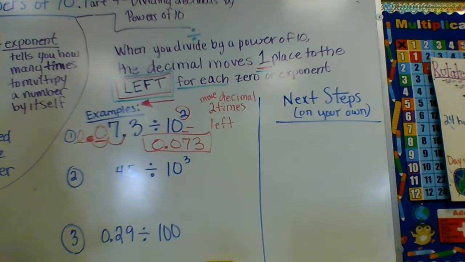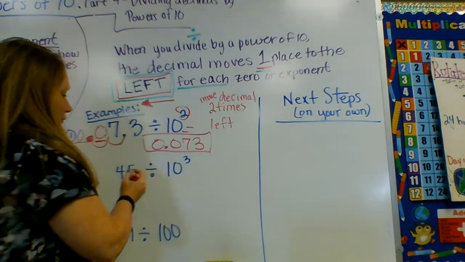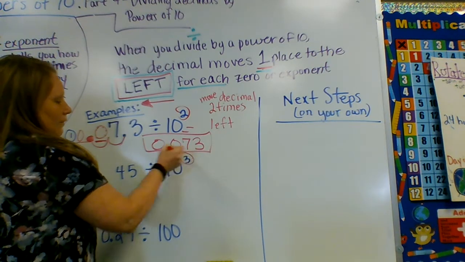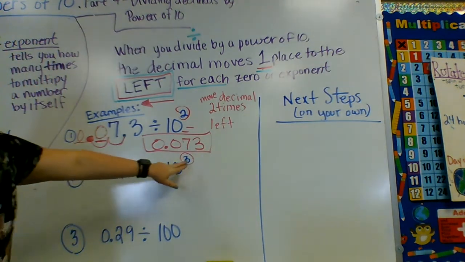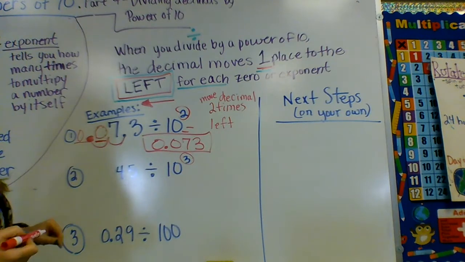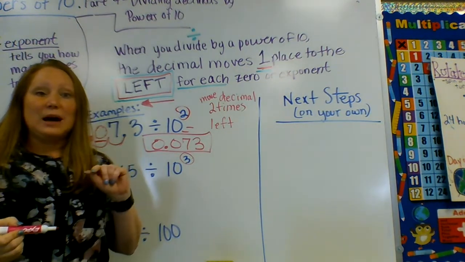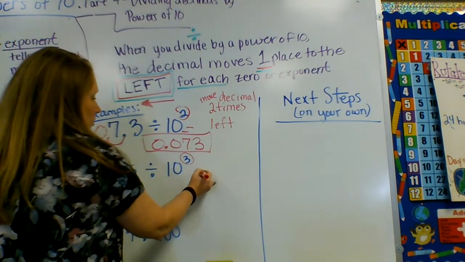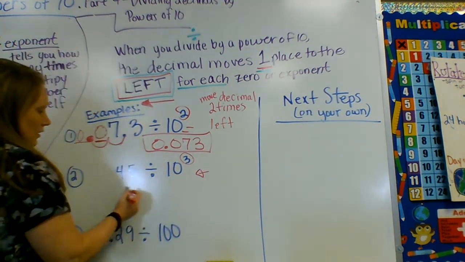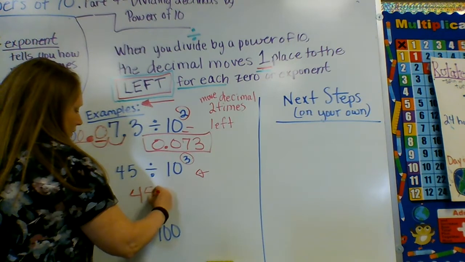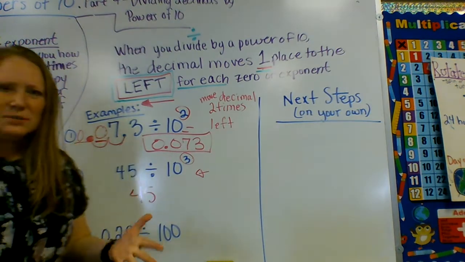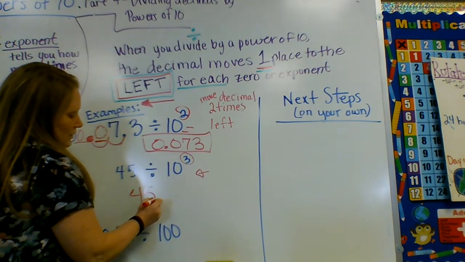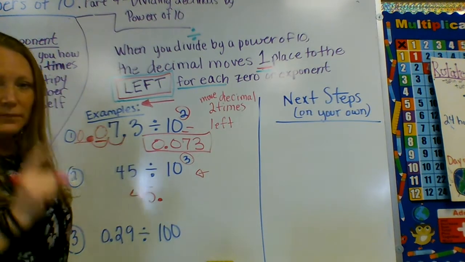All right, now my next one. I have 45 divided by 10 to the third power. What's my exponent here? 3. That tells me I need to move my decimal how many spots to the left? 3 spots to the left. So I'm going to write my 45. Wait a minute, I don't see a decimal. Remember, when you have a whole number, the decimal is always at the end. Always remember that.